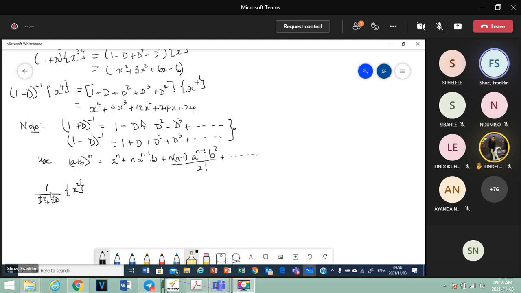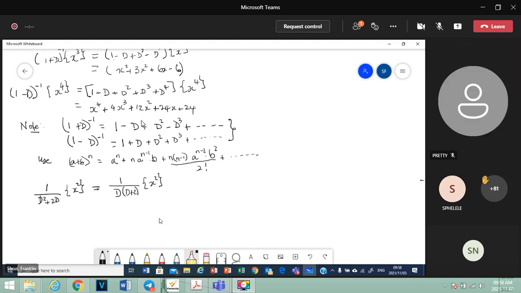In this case, we don't have that, but we can simplify the denominator. From the denominator, we can take d as a common factor because 1 over d is known to us. Then we are left with d plus 2, am I right? Yes. Acting on x squared. That is what I'm left with.